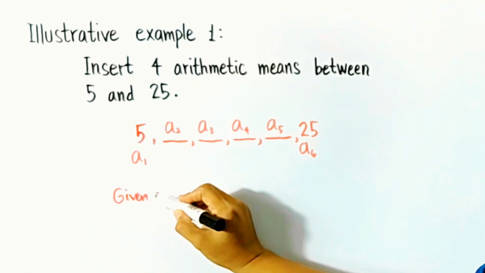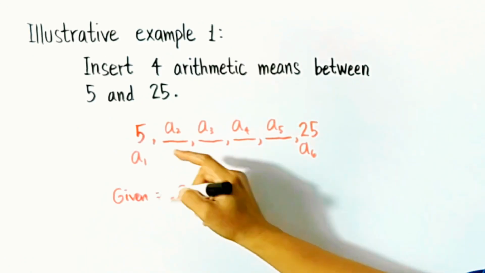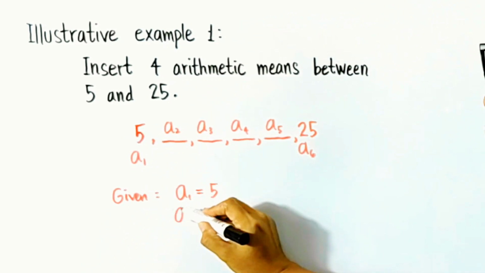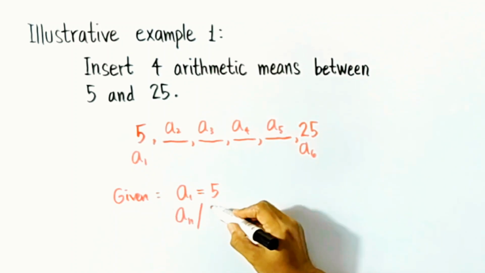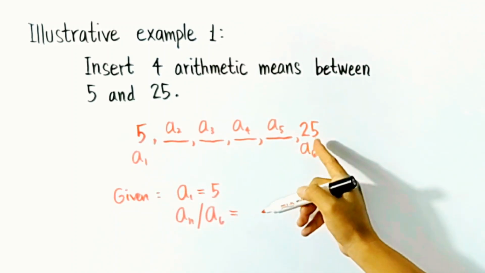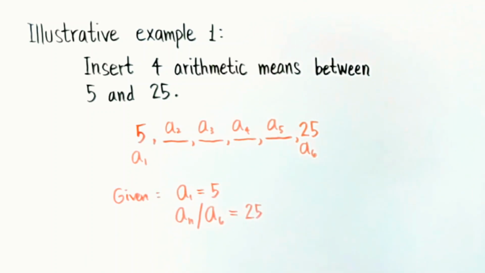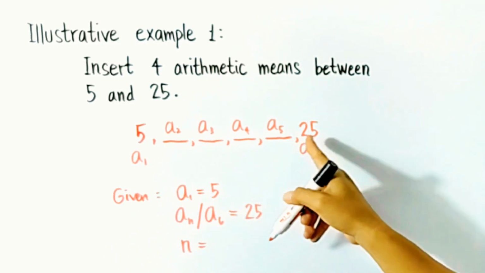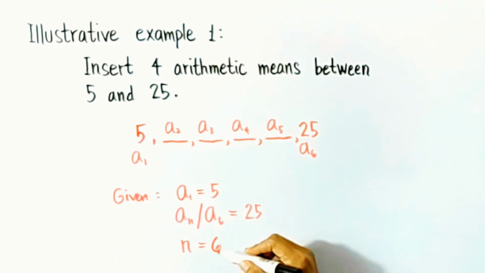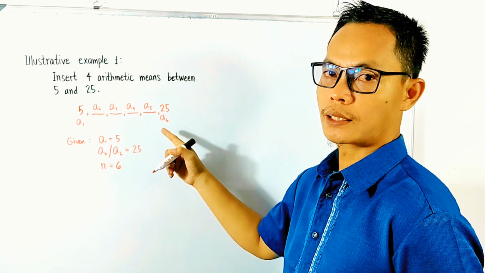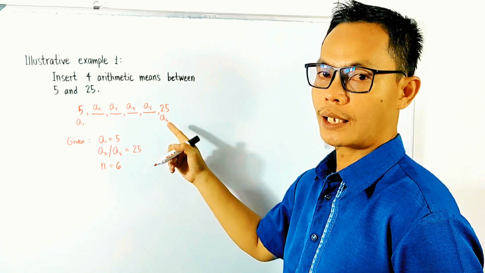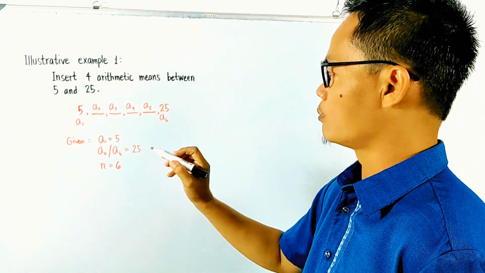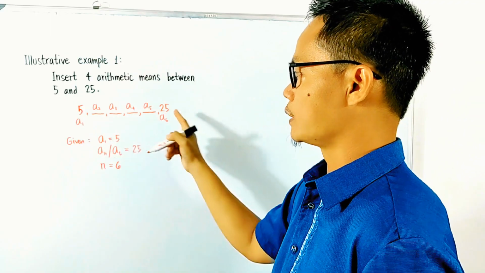The given are: the first term is 5, and the last term, a sub n, or a sub 6, is already given as 25. The value of n is how many terms there are, so we have 6. By the way, this is not an infinite sequence but a finite sequence because it has a last term. How do we solve for the common difference?